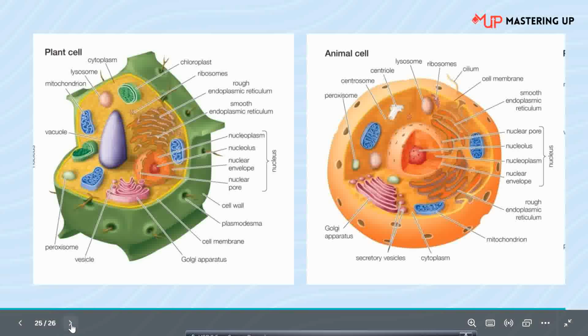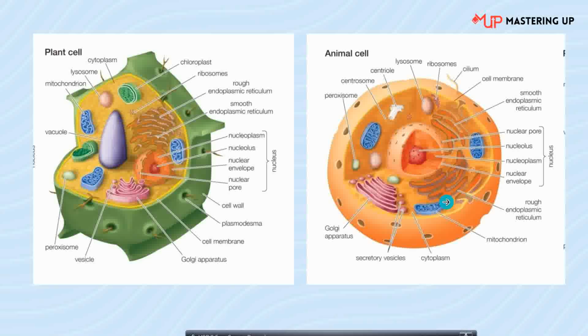Now here is the detailed structure of plant and animal cell. You can see the rough endoplasmic reticulum. It has a rough structure with ribosomes over it. And the smooth endoplasmic reticulum has nothing on it. Lysosome is here, peroxisome is here. The structure is actually similar in both.